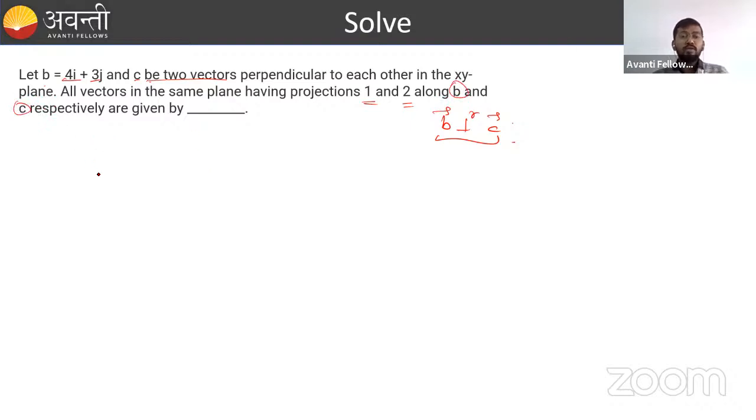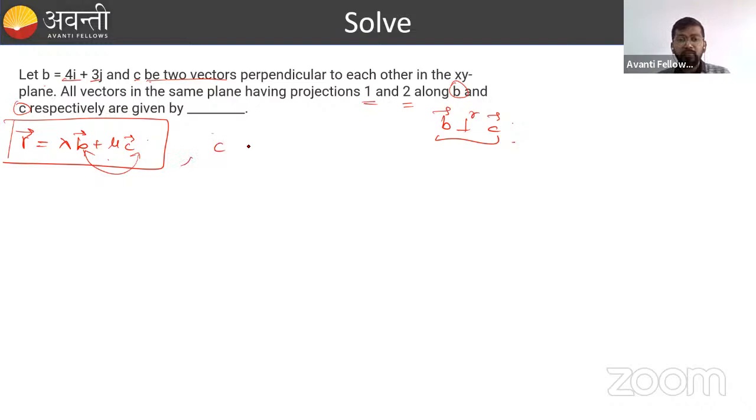If the vector is lying in the same plane, we can assume r bar is lambda b bar plus mu c bar. This is the relation for a vector lying in the same plane as the other two vectors.